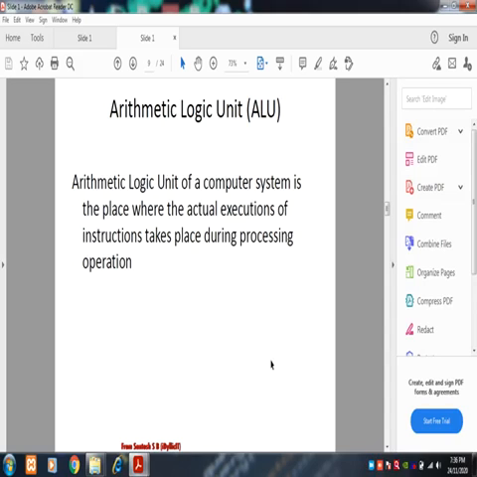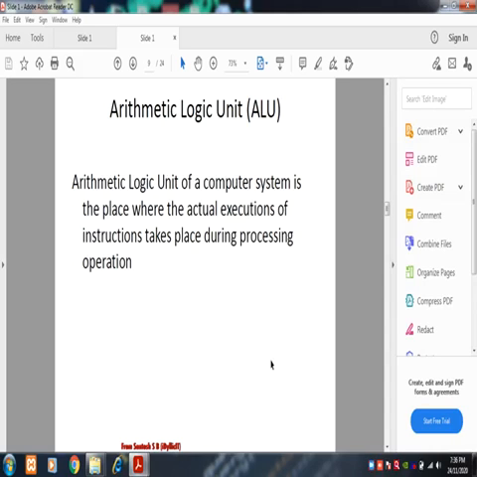The arithmetic logical unit of the computer system is the place where the actual execution of the instructions takes place during processing operations. Suppose I write one program that executes arithmetic operations: addition, subtraction, multiplication.